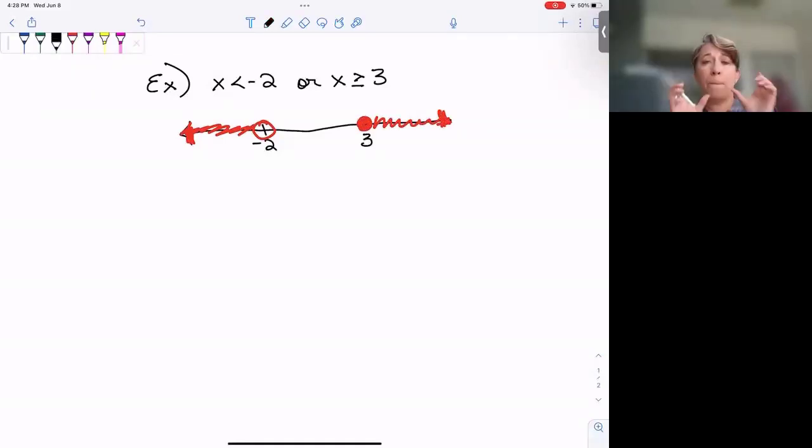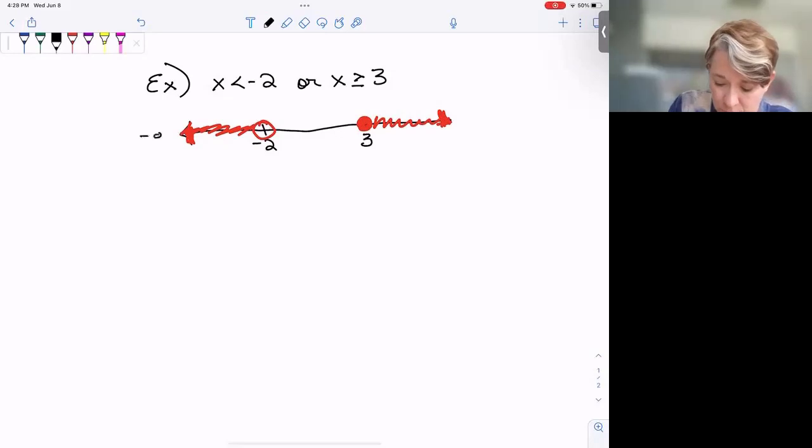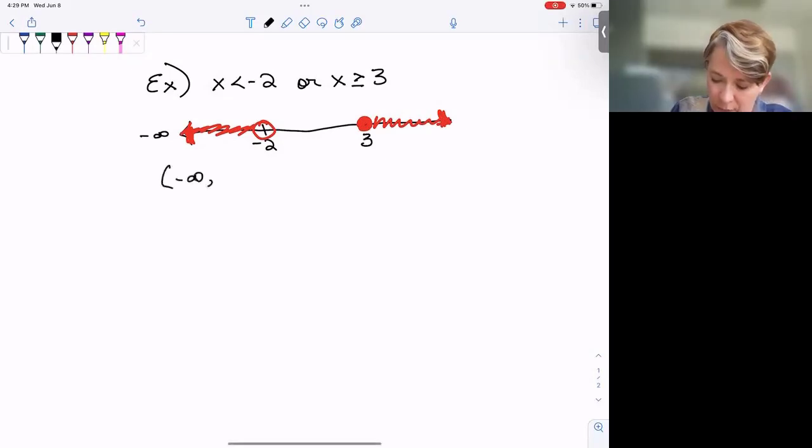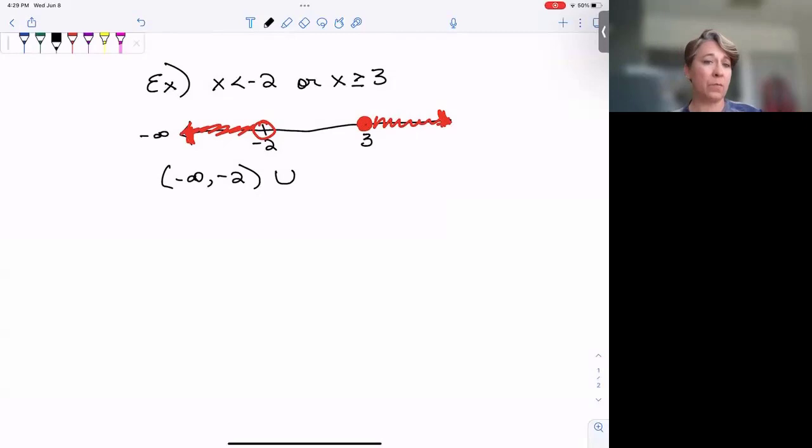So we're going to list both of those shaded areas in order. The first one on the left, always left to right, just like you read an English sentence. We go from -infinity to -2, and we represent that gap, that or, with a union symbol, meaning it can be the one on the left or the one on the right.